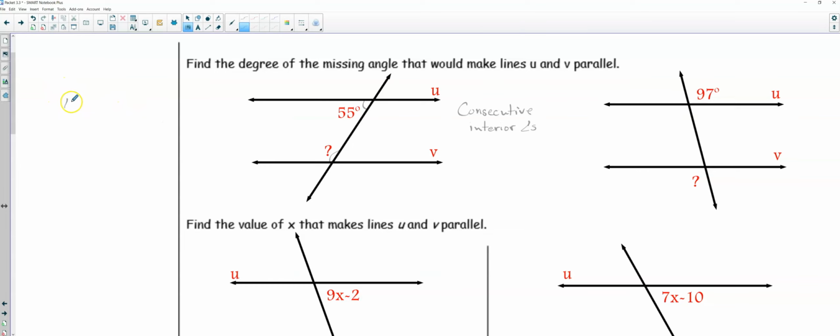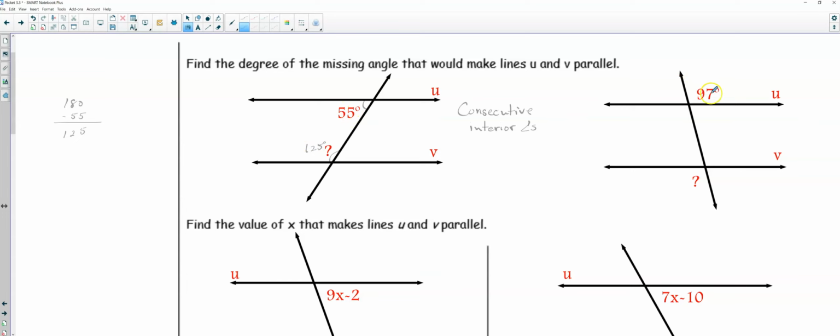So if I take 180 and subtract the 55 degree angle that is given, then I have 10 minus 5 is 5, 7 minus 5 is 2, lower the 1. So this one right here will be 125 degrees. Because 125 plus 55, they are supplementary. So 125 is the supplement to the 55 degree angle, okay?